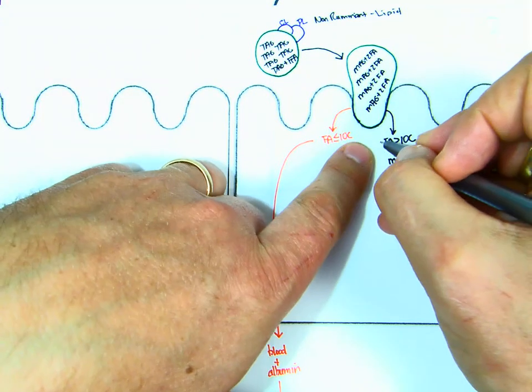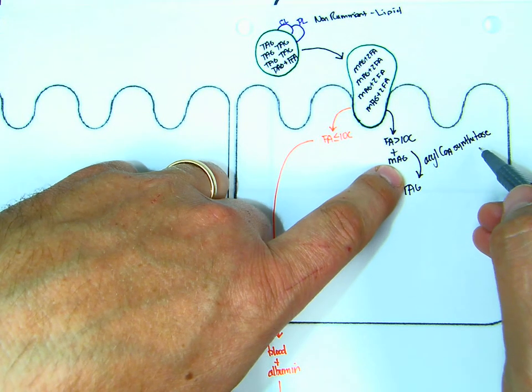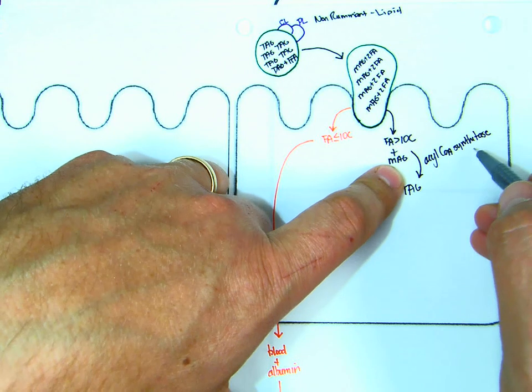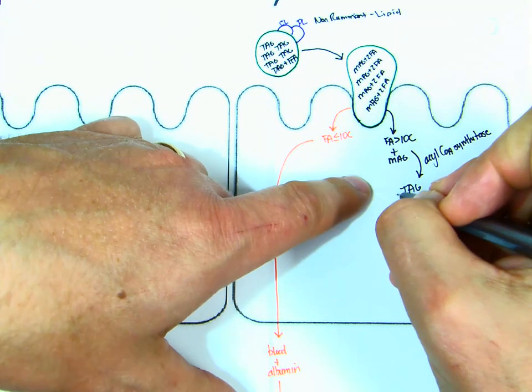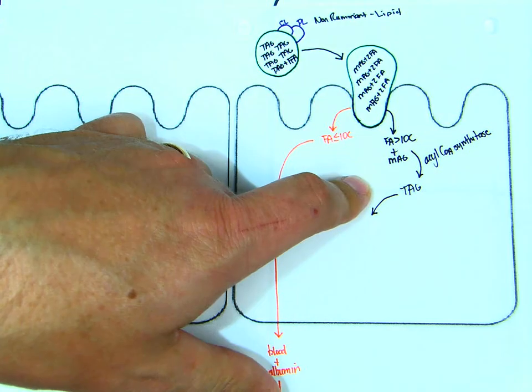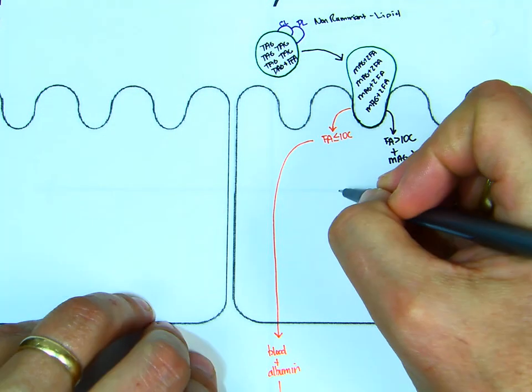So we take two fatty acids plus a MAG plus some acyl-CoA synthetase, which is an enzyme, you can tell by its name, and that's going to make TAG. The TAG is going to accumulate in the, find the marker, endoplasmic reticulum.